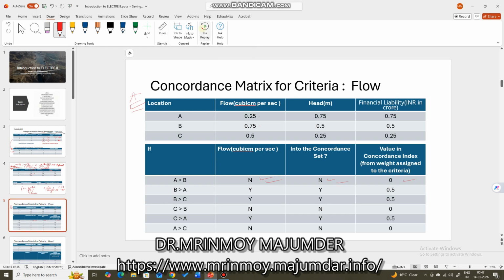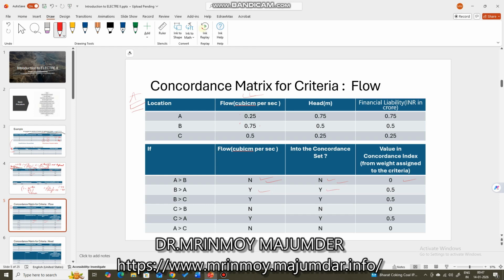But when I compare it reversely, is B greater than A? Yes, B is 0.75, A is 0.25. I am talking about this criterion flow. Then the answer to this question is yes, and it will become a member of the concordance set, and the corresponding weightage of the criterion, that is flow, starts to constitute the concordance index.